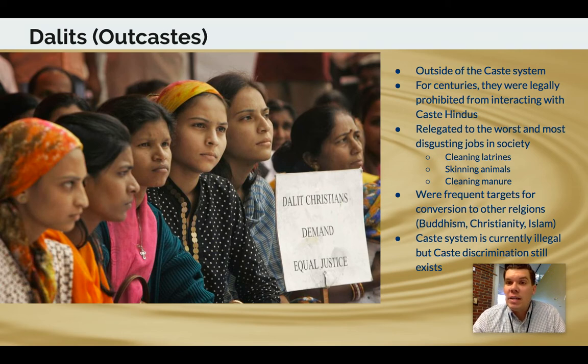Oftentimes they're relegated to the worst and most disgusting jobs in society, cleaning latrines, skinning animals, or cleaning manure in the fields, basically dealing with the grossest, smelliest parts of society. And they were frequent targets for conversion, interestingly enough. And it makes sense that they were targets for conversion because they're at the lowest points of society.